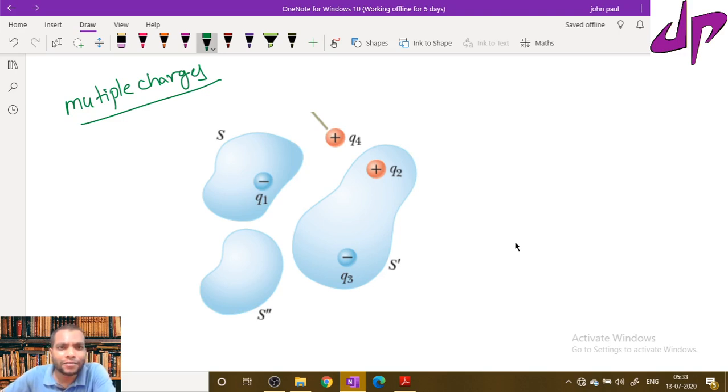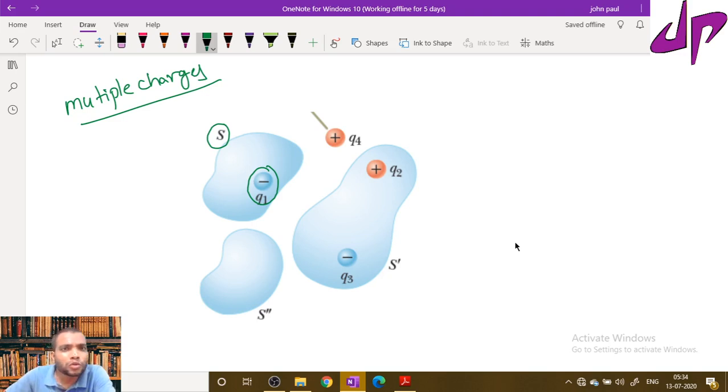Let us look at the first surface S. This surface S encloses this negative charge Q1, and this negative charge Q1 is surrounded by other charges, Q2, Q4, and Q3 are also present. Of course, because of these charges, there is an effect on the electric field.